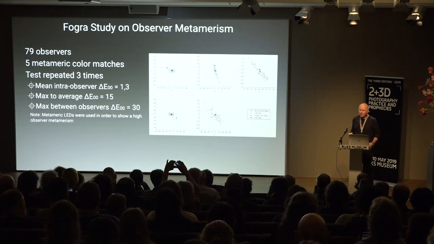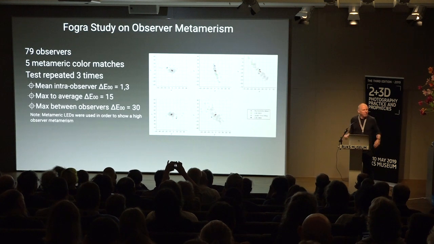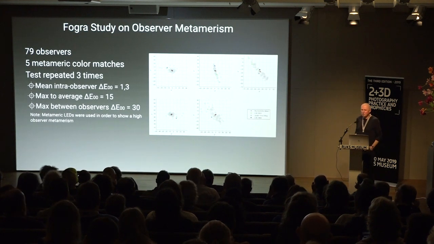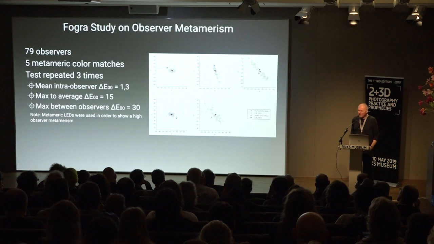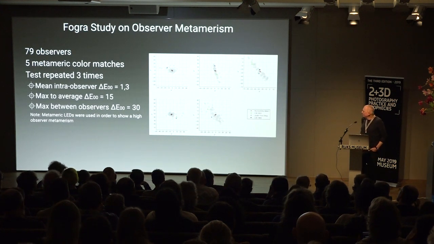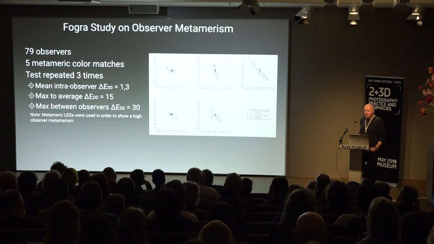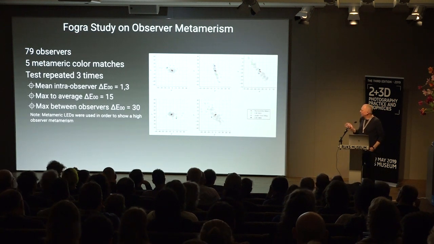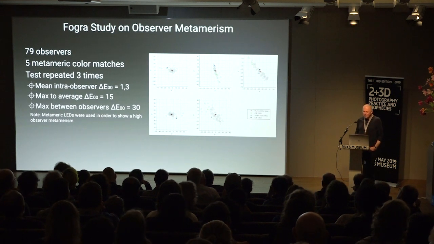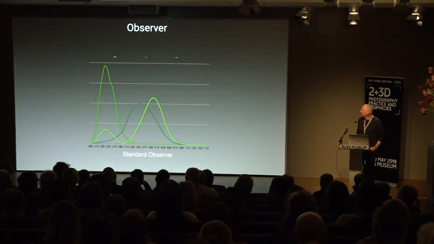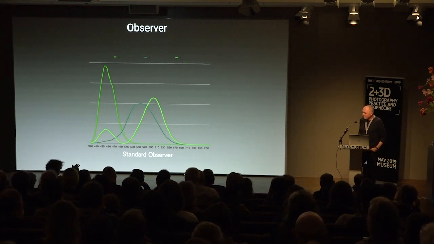That means that the 2 worst opposite observers are up to delta E 30. So that's quite a lot. I must concede that they used a very hard test. Metameric LEDs were used to do this test, so in real life it's a bit smaller, but not so much.